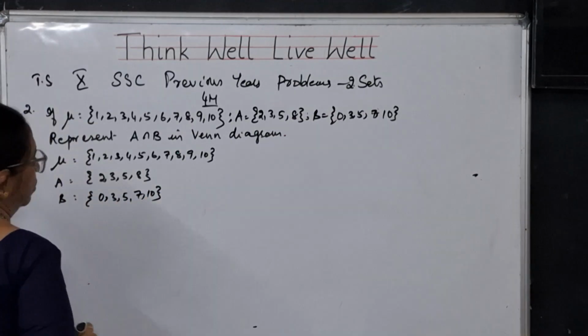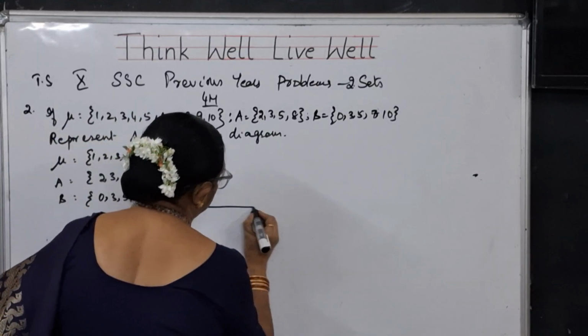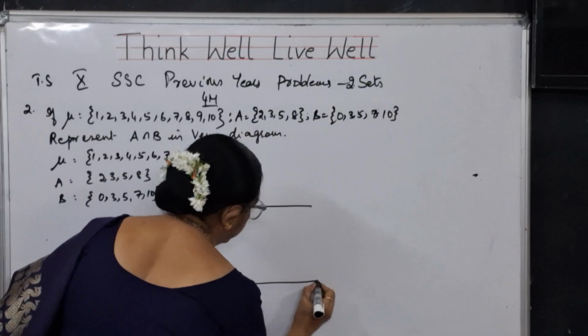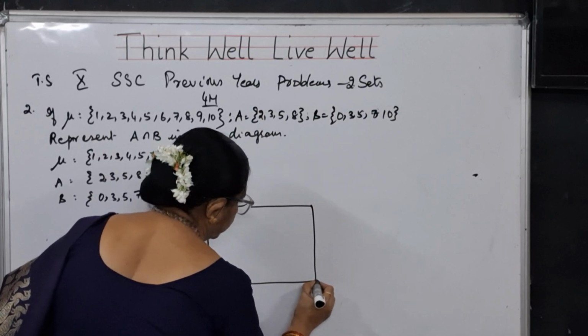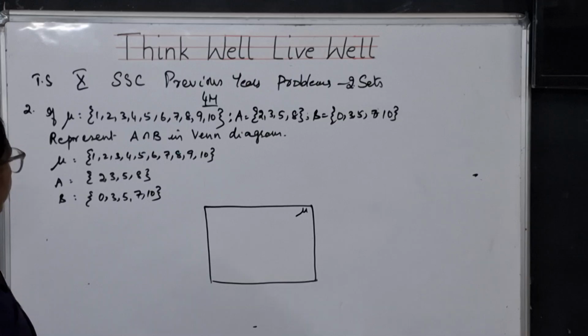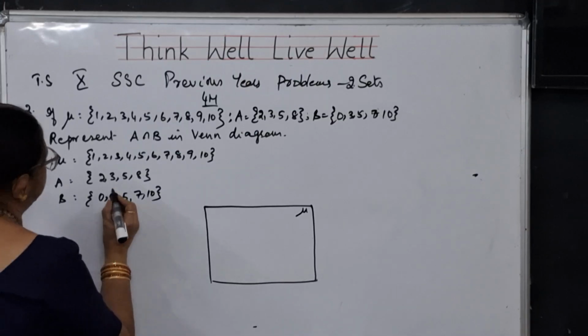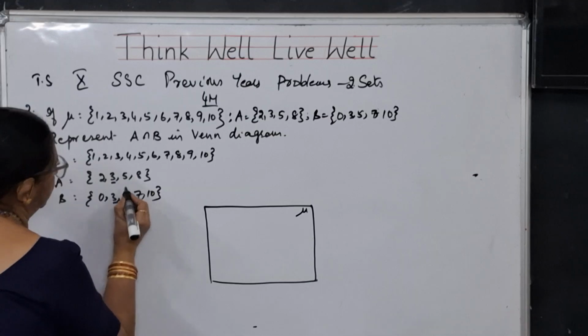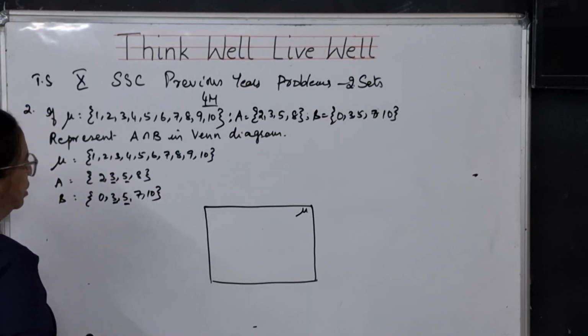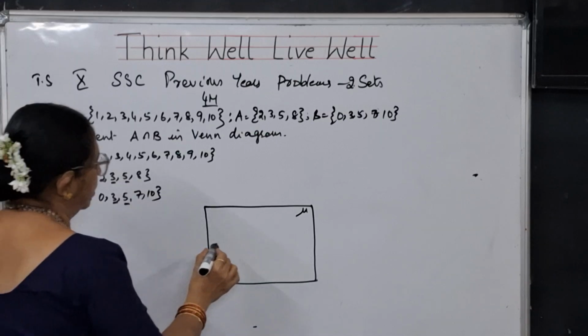Now you need to find out a Venn diagram. Because you have got a universal set, you have to draw a universal set, which means a rectangle like this. That is the mu. And in this A and B, are there any elements common in A and B? See, 3 is there, 5 is there. Nothing else is common.